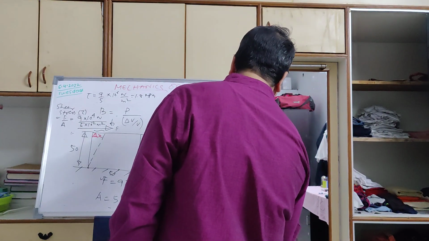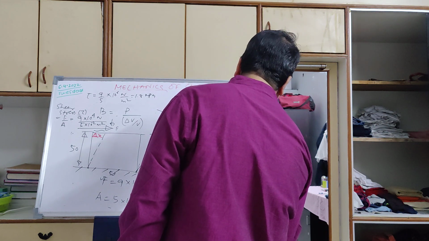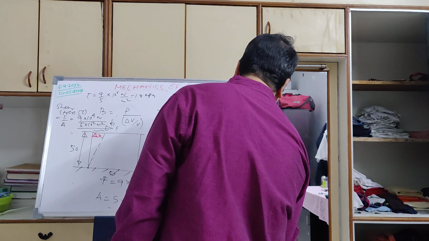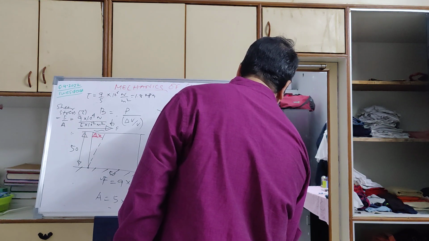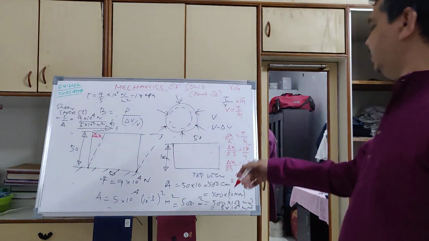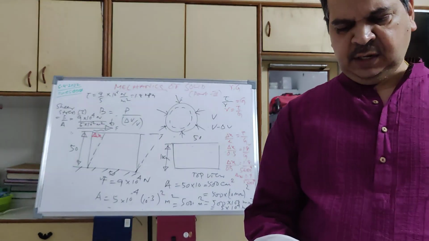Knowing everything, del x is in meter. Del x is equal to 1.8 into 0.5. Half of 1.8 is 0.9, divided by 5.6 into 10 to the power 9. You will get it in meter, and you can convert it into mm.